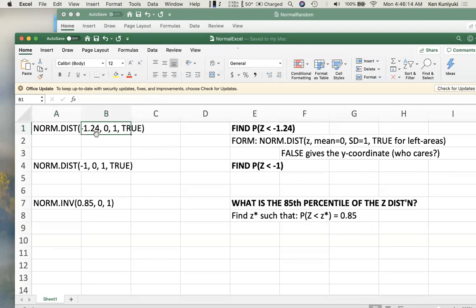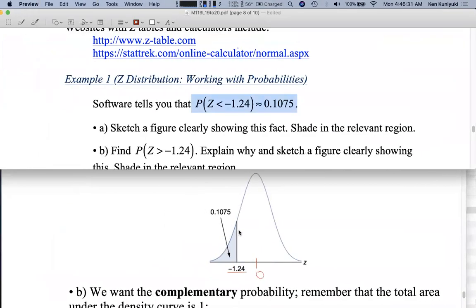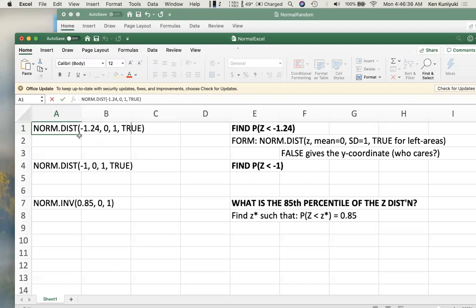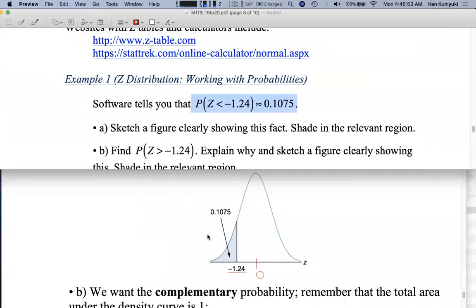I'm interested in the left or cumulative probability for that z-score. I have the 0 and the 1 here because I'm dealing with a standard normal distribution, so I want mean 0, standard deviation 1. And I put TRUE here because I want a cumulative or left-tail probability. If I put FALSE, then I'm looking for the y-coordinate of that point on the curve, and I don't care about that. So I put TRUE here, never FALSE. If I do that, equals NORM.DIST(-1.24, 0, 1, TRUE), I get roughly 0.1075, and that gives me the left-tail probability.